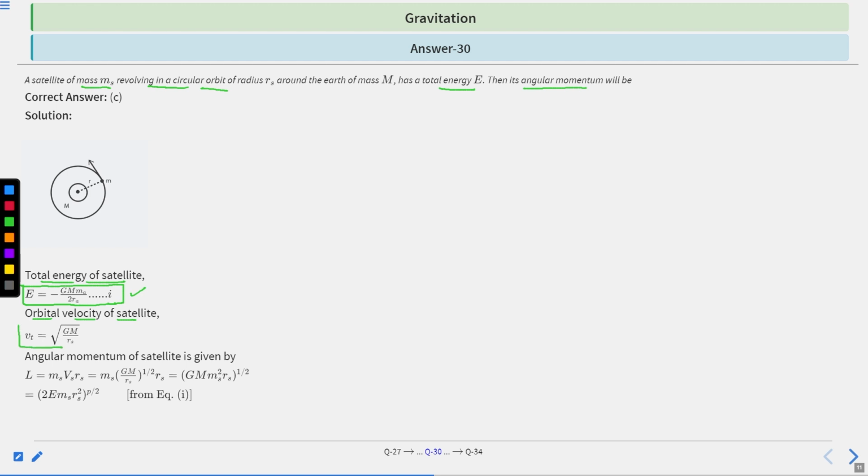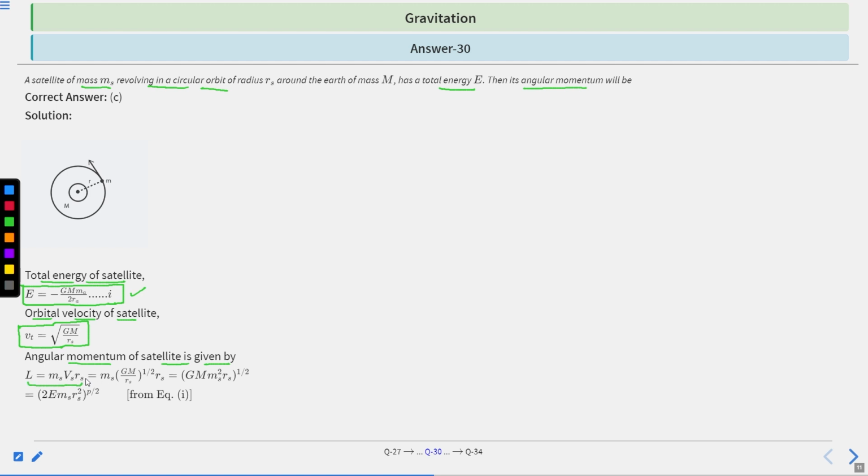So this is the orbital velocity, and the angular momentum of the satellite is given by L equal to m_s v_s r_s. This is the angular momentum.